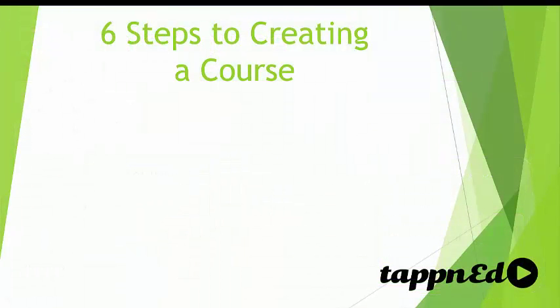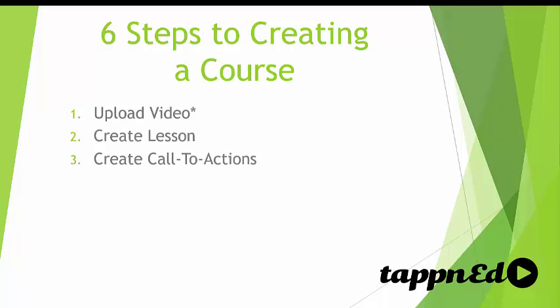So there's 6 steps essentially to creating a course. The first step is uploading your video, which is interchangeable with creating the actual course. Create the lesson. As part of the lessons you create the call to actions. Then you create the questions, answers and responses as part of those call to actions, also referred to as CTAs.